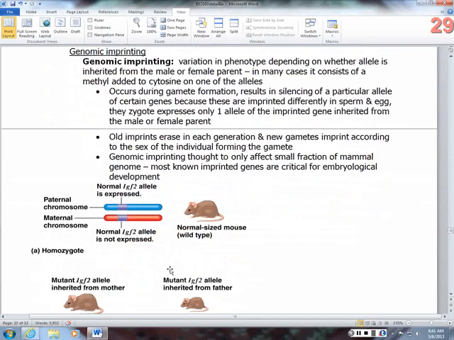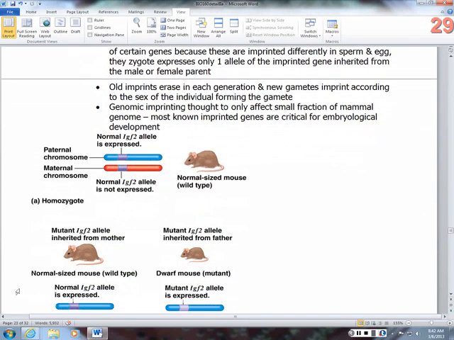Old imprints will erase in each generation, and each new gamete imprint will be according to the sex of the individual forming the gamete. And it's thought this only affects a very small portion of the mammal genome. Most of the imprinted genes are critical for embryological development, so they have a role early on, long before you're even born.